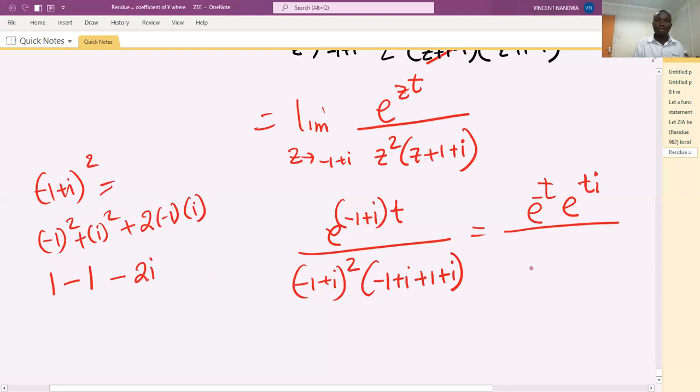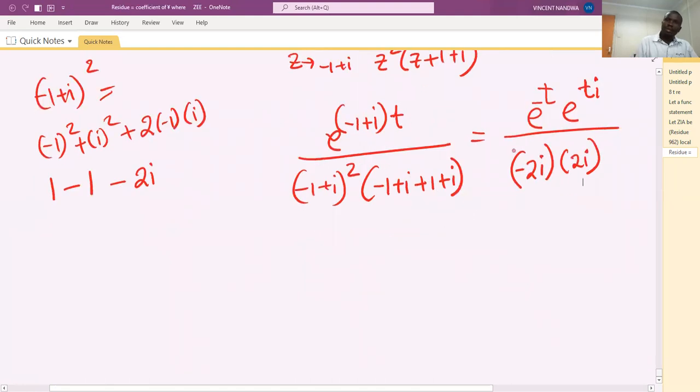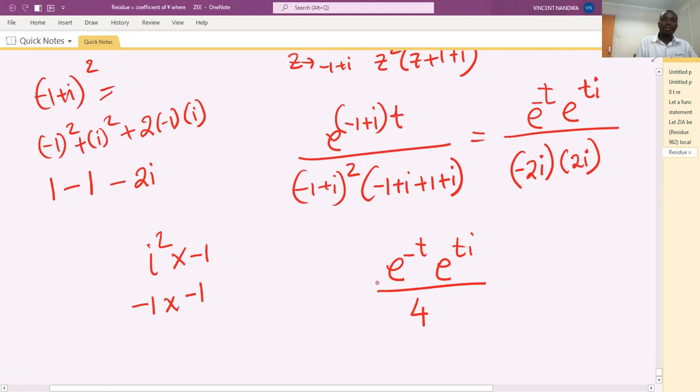So we'll have minus 2i, and then this will be 2i. So we get e raised to the power minus t times e raised to the power ti. 2 times 2 is 4, and then i times i is i squared, times the negative sign. But i squared is -1, so -1 times -1 is just plus 4.